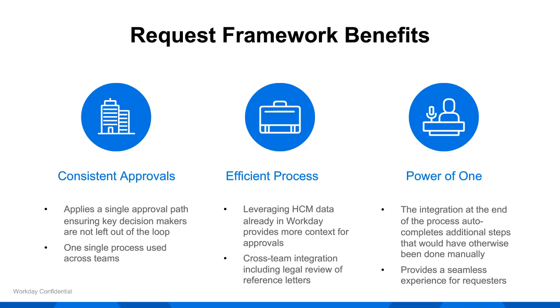And so bringing it into the request framework allows us to apply a single approval path, and all teams are using the same approval path and same process to make sure that essential employees are all granted the same access as appropriate.